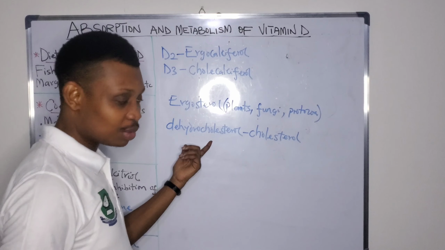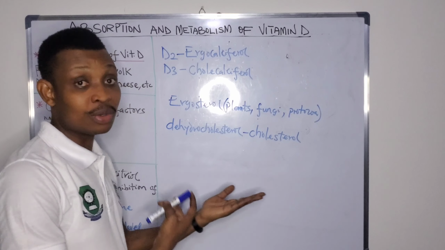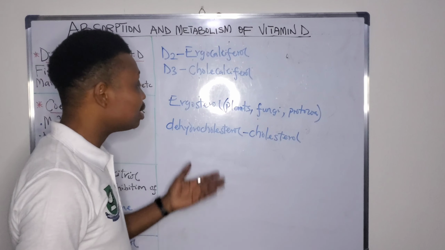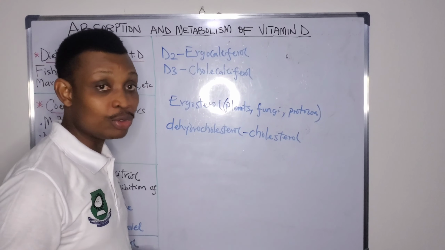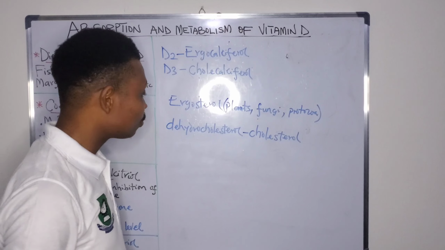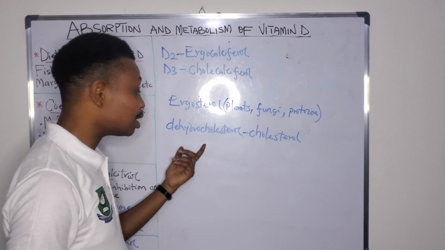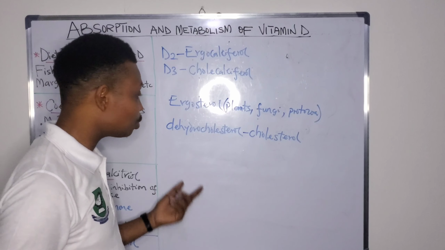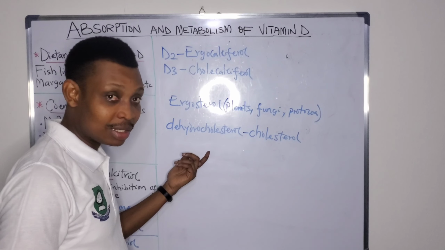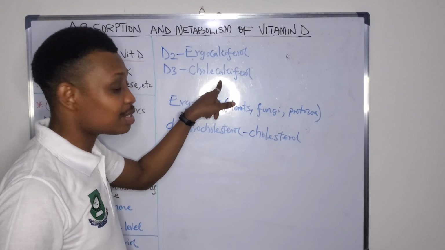Then after it is formed, it is transported to the skin where it remains. In the skin, it gets exposed to UV light, like solar light, and it undergoes an intramolecular or photochemical activation to become active. The active form is called cholecalciferol.